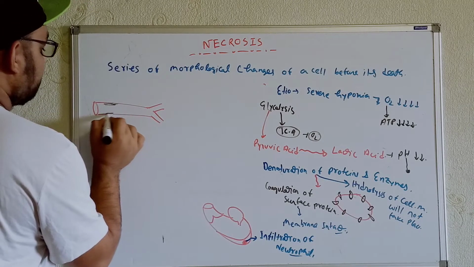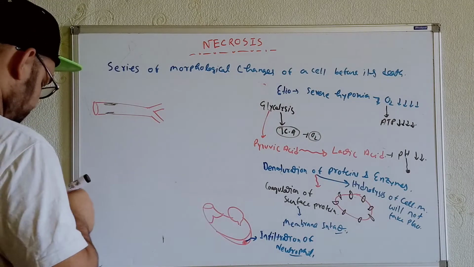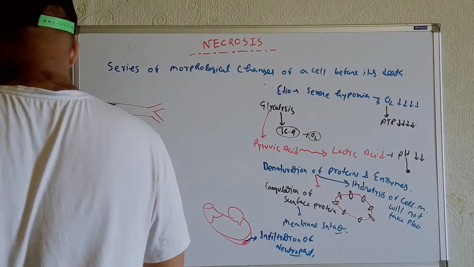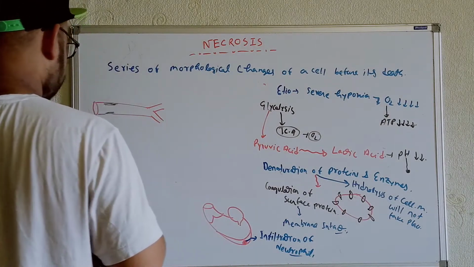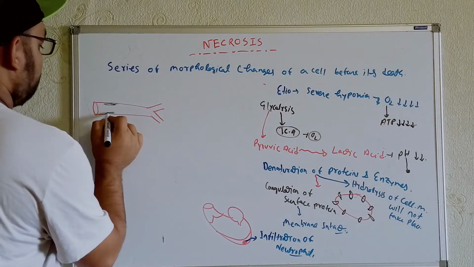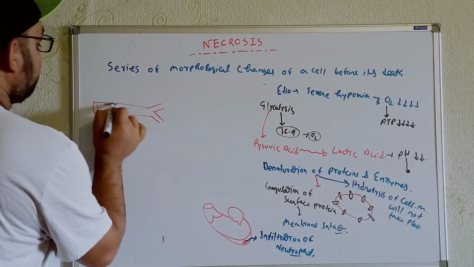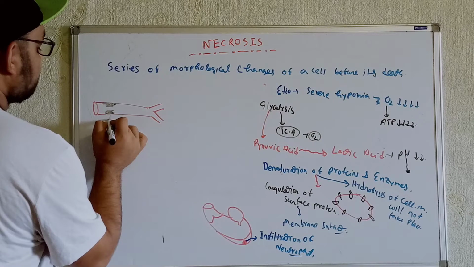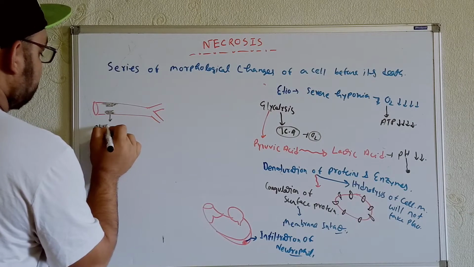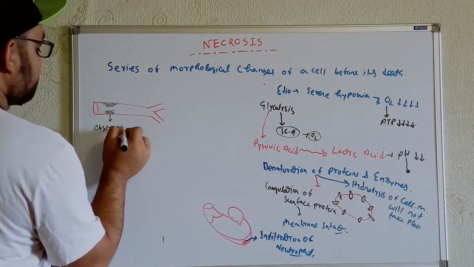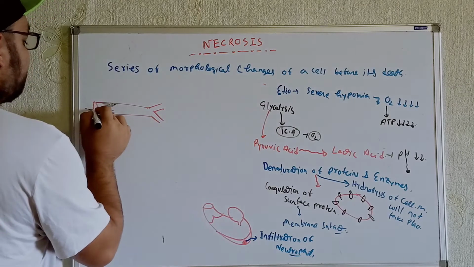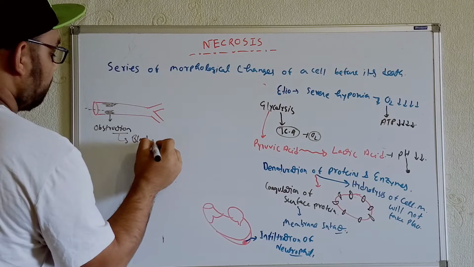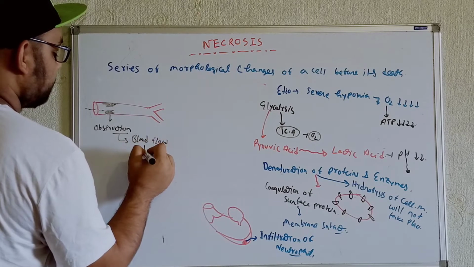See one thing, whenever we see this type of problem, let me use this combination for better understanding. For example, we are seeing the plaque over here. So when you have the obstruction over here, definitely the blood flow will be less.